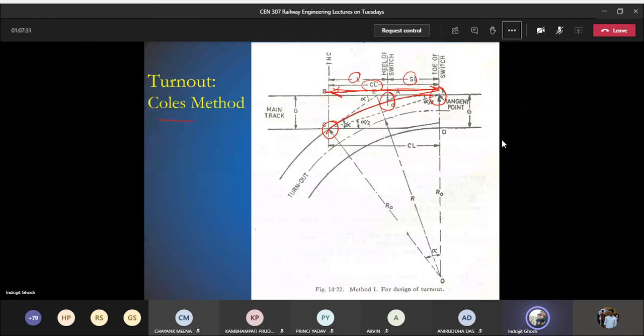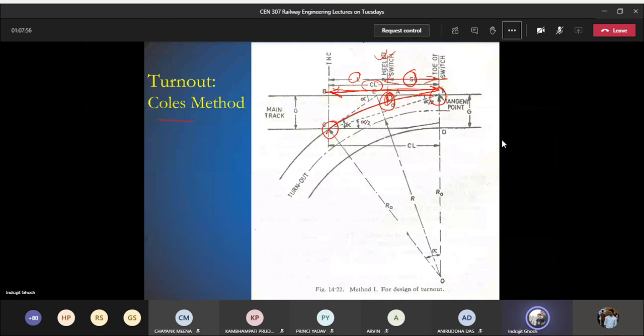Now there is a second term which is known as switch lead. Switch lead, you can see here, is given as D. D is basically the heel divergence. So this is the heel of switch. It is the distance between the tangent point and the heel of the switch measured along the length of the main track. And the last one is lead, or crossing lead.